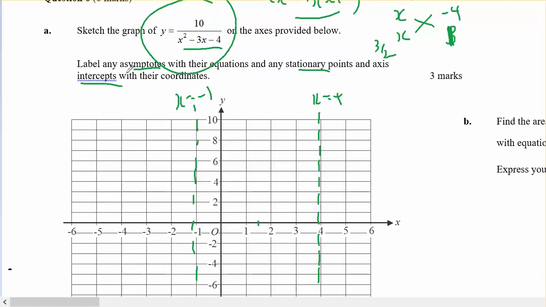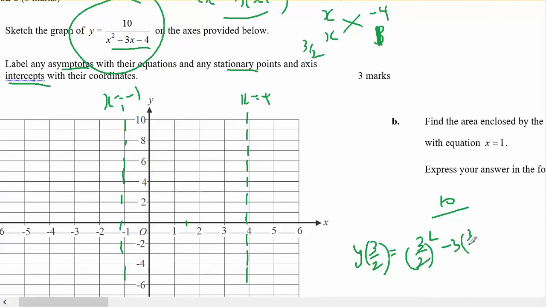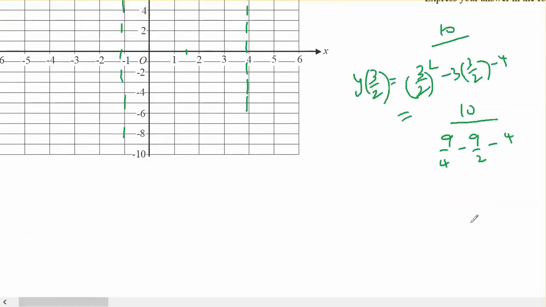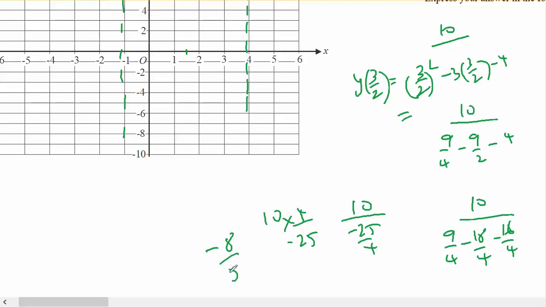So if I do y of 3 on 2, that's going to equal 10 on top of 3 on 2 squared minus 3 times 3 on 2 minus 4, which is going to be 10 on top of 9 on 4 minus 9 on 2 minus 4, which is 10 on top of 9 minus 18 minus 16 on 4, which should be minus 8 on 5, because 5 goes into that twice.